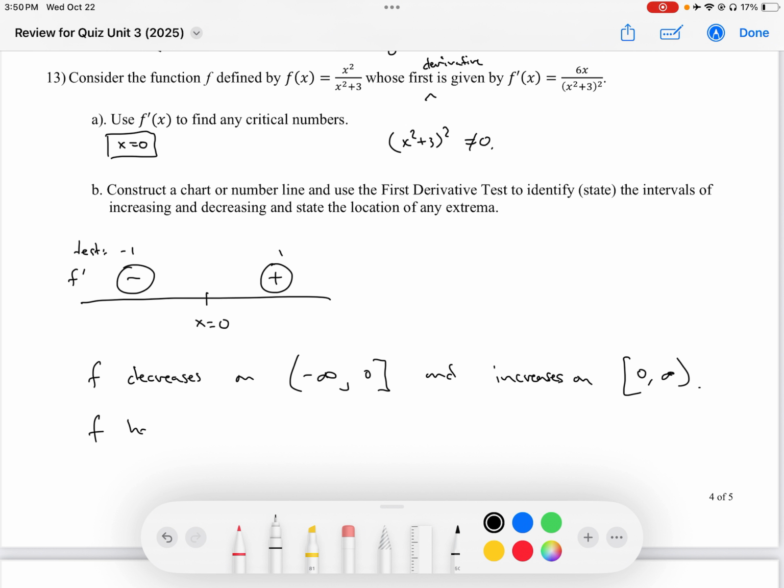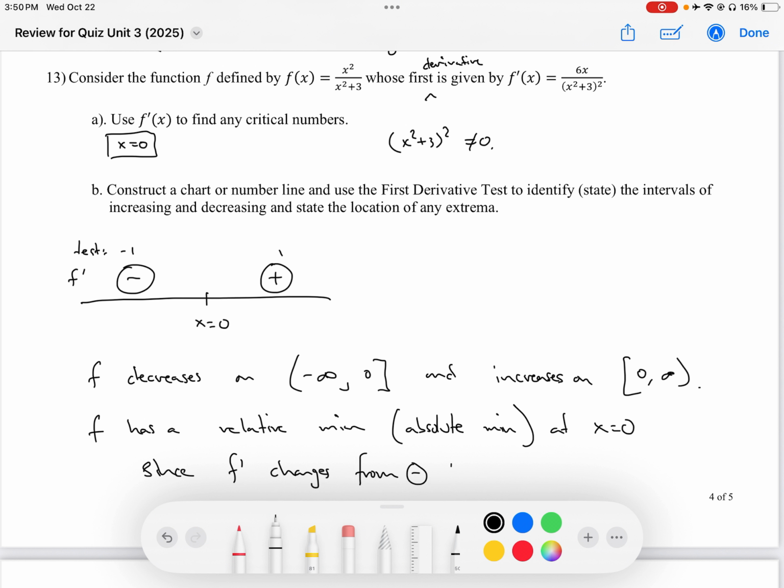And f has a relative min. Actually, it's an absolute min, because there's only one critical point at x equals 0, since f prime changes from negative to positive at that point.